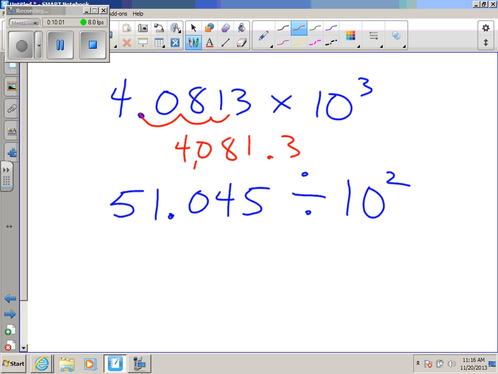How have you got it? Over here, I'm dividing, which means I'll go to the left, 2 places. So 1, 2. So I get 0.51045. How many of you got that? Sierra, do you have to put the 0? You don't necessarily have to.